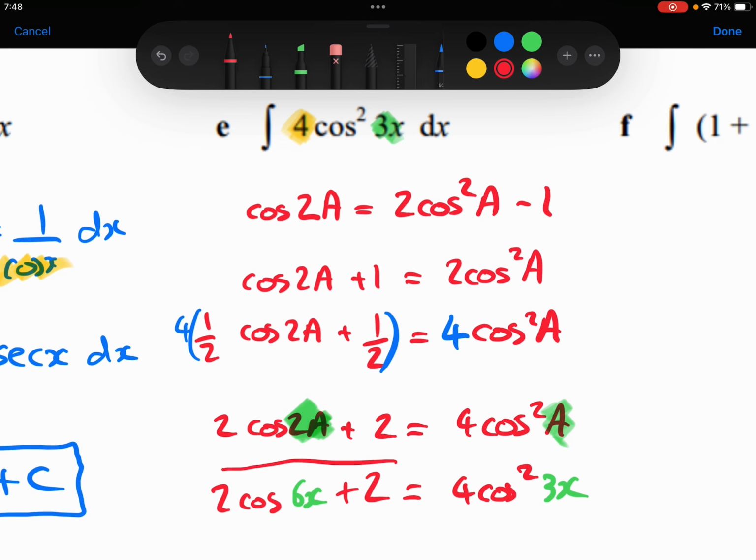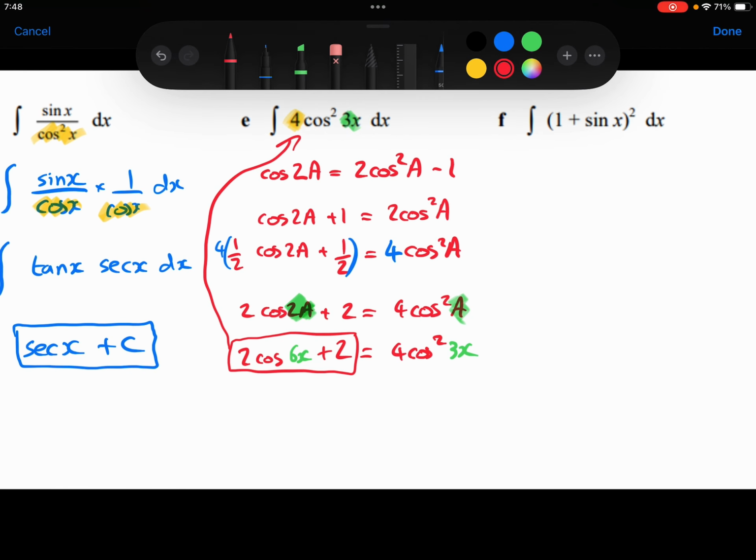So this is what I'm going to integrate instead of the 4 cos squared 3x.